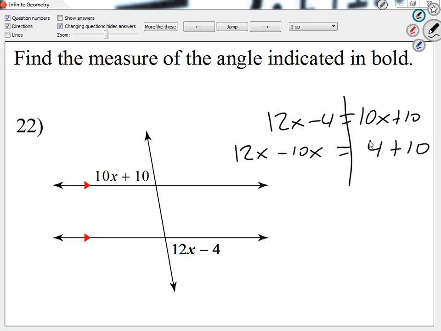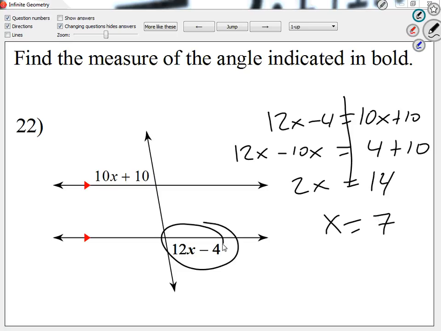How much is 12x minus 10x? 2x. How much is 4 plus 10? 14. So what's x? 7. Alright, so now that we know the value, and I see the darkest is 12x minus 4, let me plug in the 7 in there. How much is 12 times 7? 84. 84 minus 4 is 80.